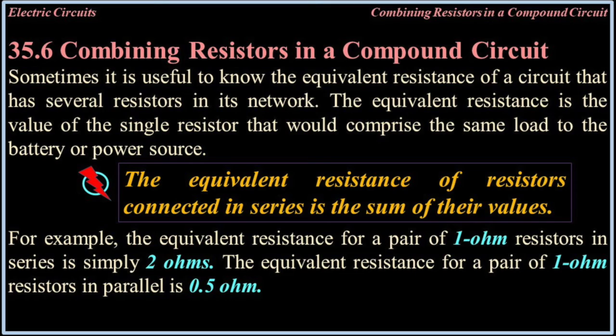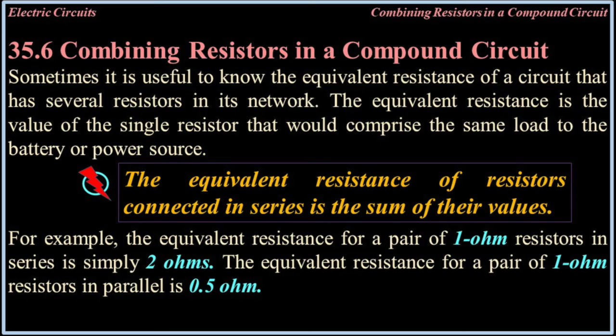35.6, Combining resistors in a compound circuit. Sometimes it is useful to know the equivalent resistance of a circuit that has several resistors in its network. The equivalent resistance is the value of the single resistor that would comprise the same load to the battery or power source. The equivalent resistance of resistors connected in series is the sum of their values.